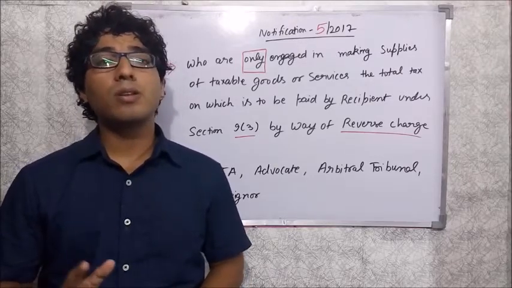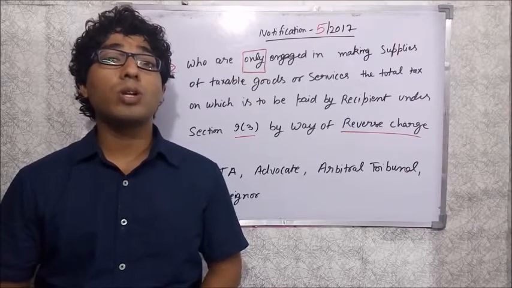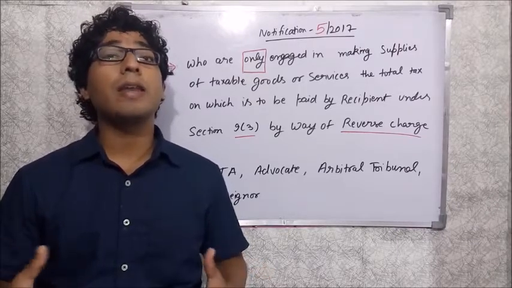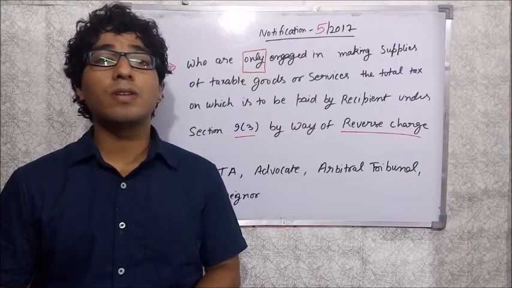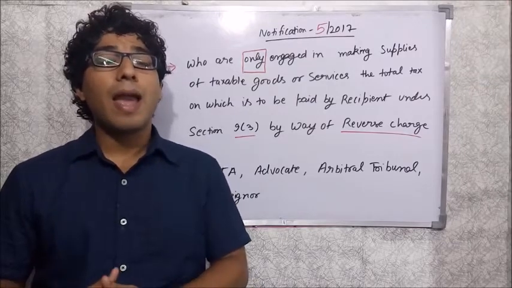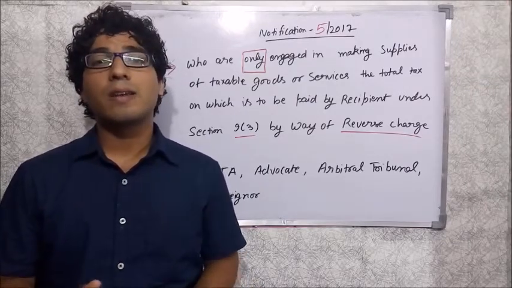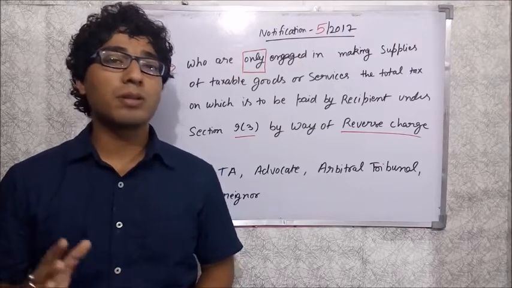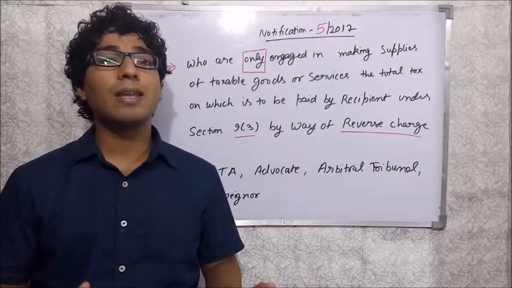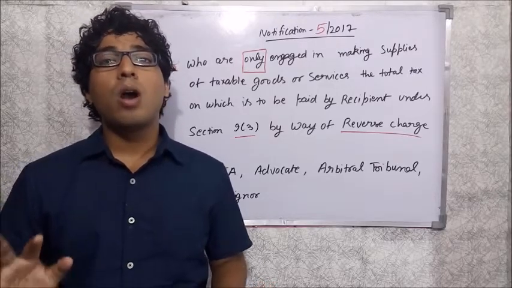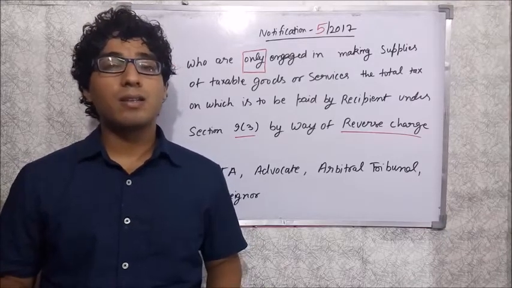Section 23 subsection 2 gives the power to the government to notify any category of goods or any category of persons who supply goods or services who can be exempted from taking registration under GST. So under Section 23 subsection 2, the government has the power to notify any kind of person to be exempt from taking registration under GST.